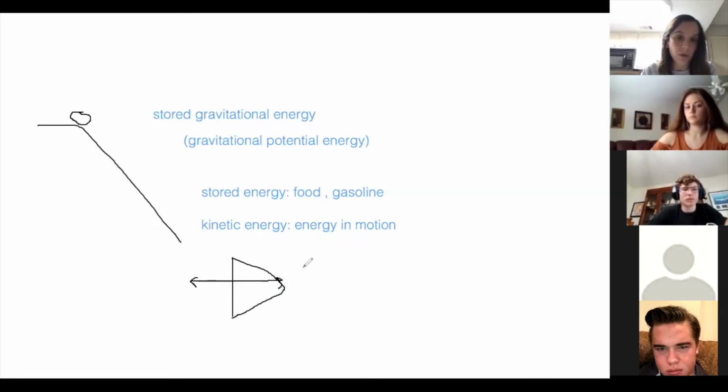You then use that stored energy to move the arrow forward. And so you convert between kinetic and potential. You pull the bow back, that's kinetic energy that you're transferring into stored energy. Then you release the bow. That energy that's potential is then changed to kinetic energy as the arrow goes forward.